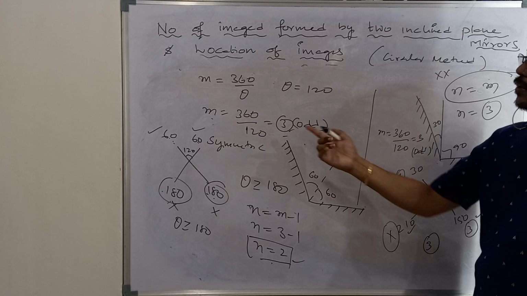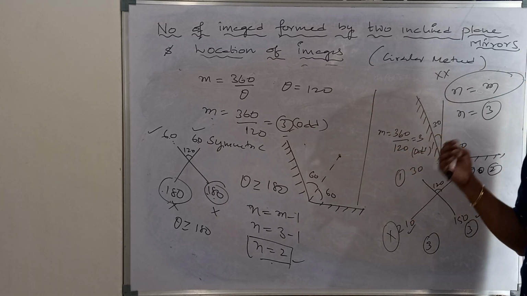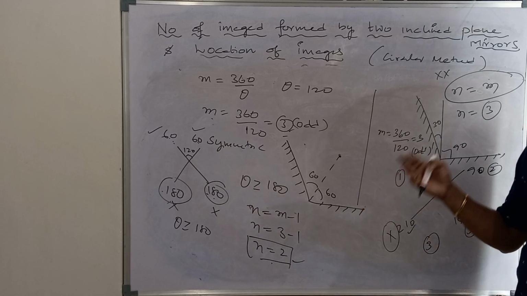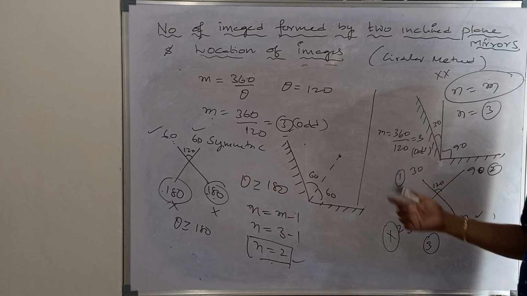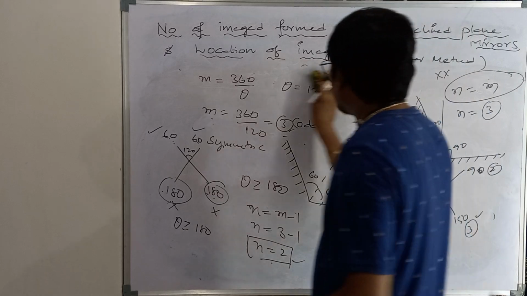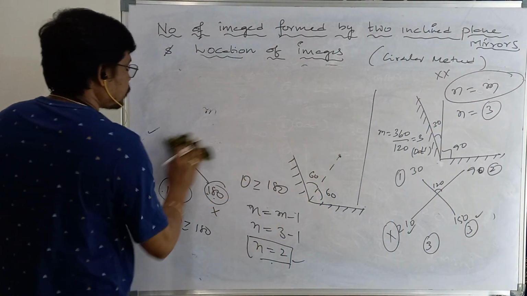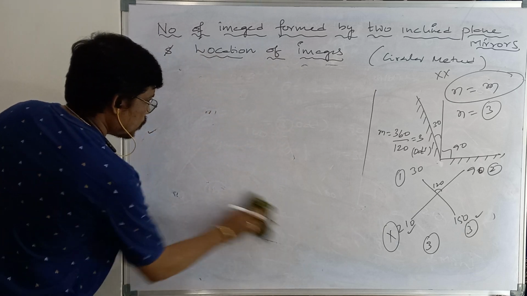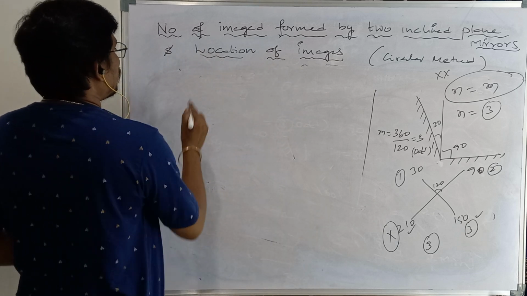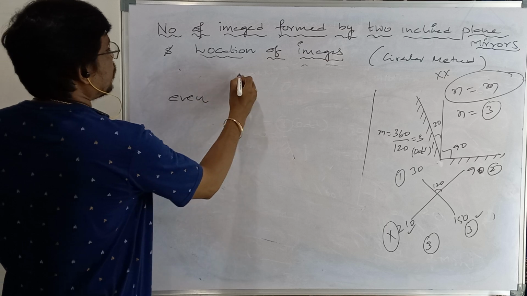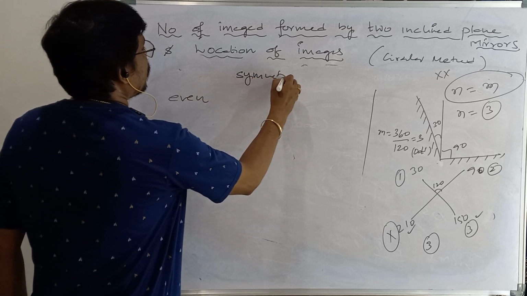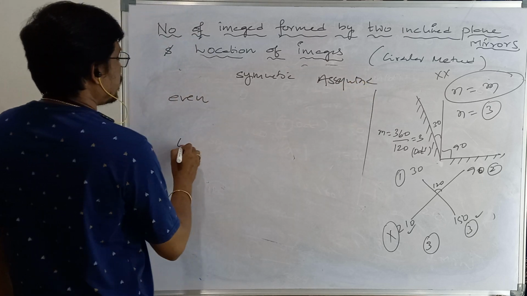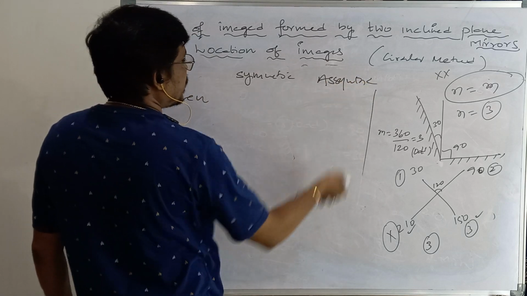m is equal to even or odd. You check it. If it is even, you can also check it with symmetric and asymmetric. Here also odd, you have to check symmetrical and asymmetric. So totally I will write the tabular form once again. So you have even condition symmetric, asymmetric, odd condition same, symmetric and asymmetric.